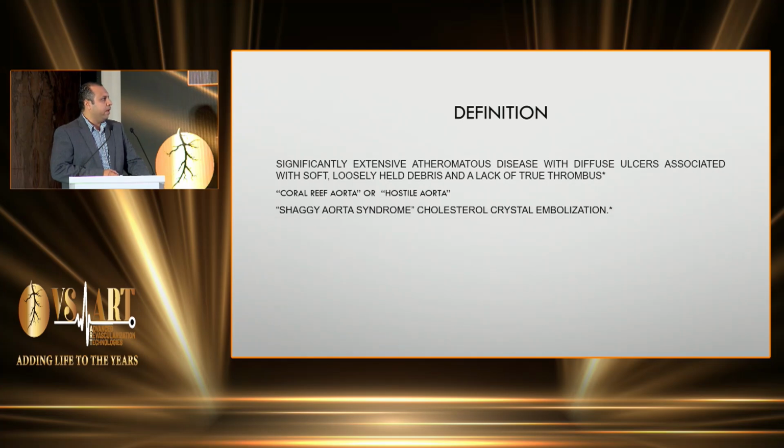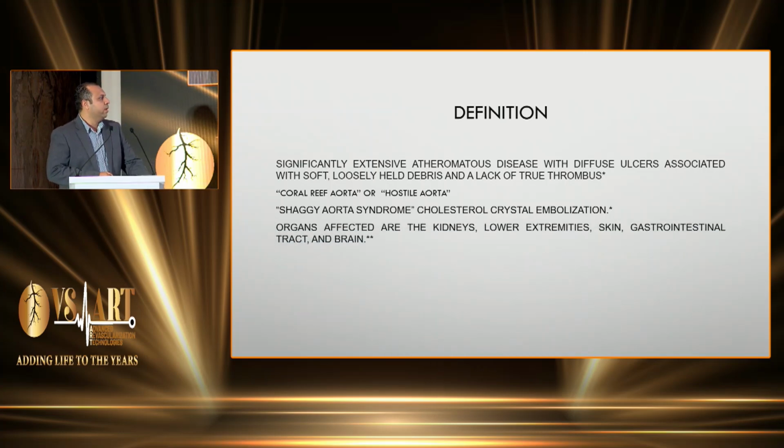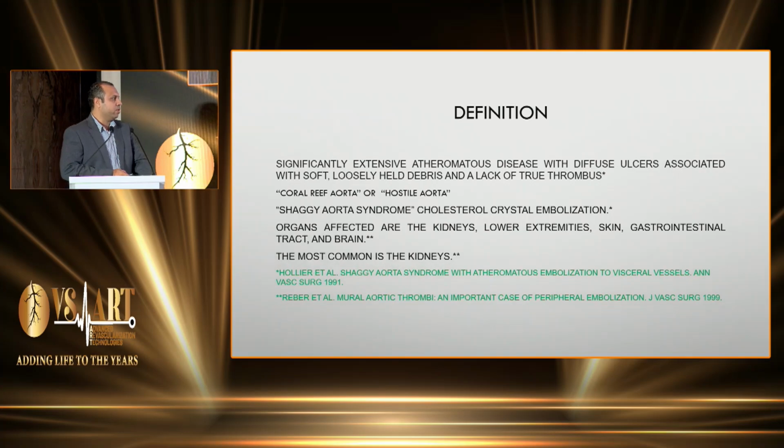A couple of years later, Shaggy Aorta syndrome with cholesterol embolization was coined. All the organs might be affected with atheroembolization, but it mainly goes to the kidneys, lower limbs, and the bowel, but also to the skin, causing blue toe syndrome. It might go to the brain, which is the most dangerous, but the most common is the kidneys.